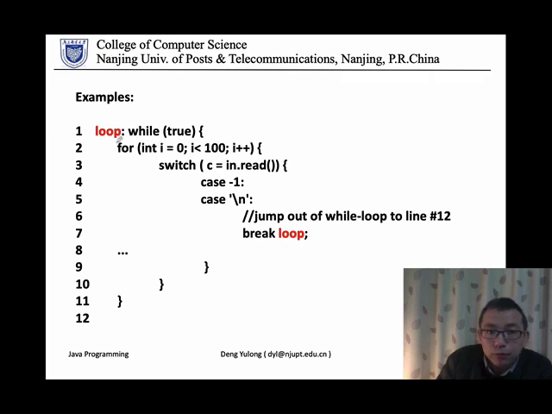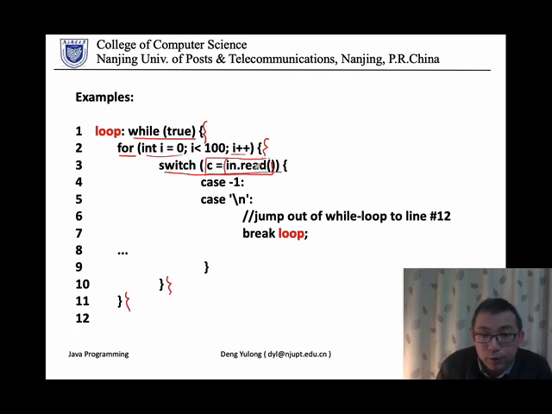Example. Now we have this code, and notice that the code has a while loop. Then inside the while loop there is a for loop, and inside the for loop we have a switch statement. The switch statement has the expression c equals System.in.read. In.read is the API that allows us to get input characters from the keyboard.